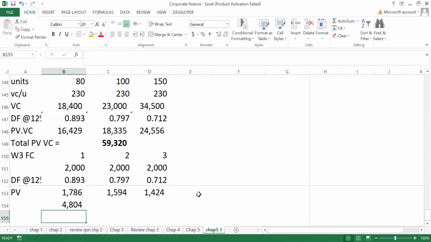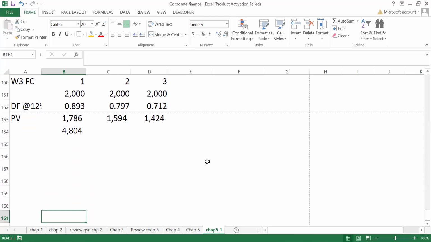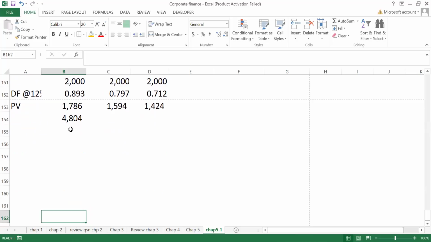So now, once I have that, I can get my NPV, because I have now got the present value of each in the computation of carrying out a sensitivity analysis. So what I'm going to do now is get the NPV of the project, NPV at 12%.